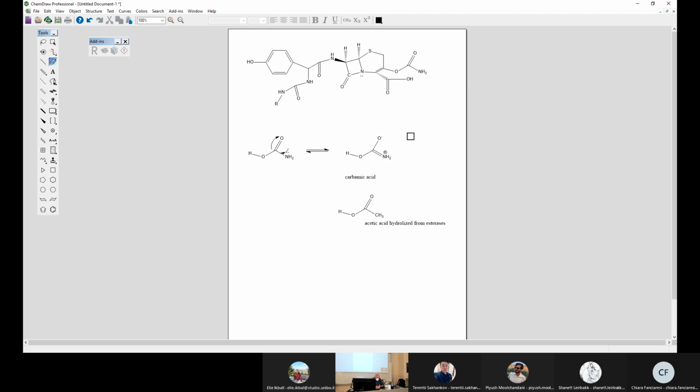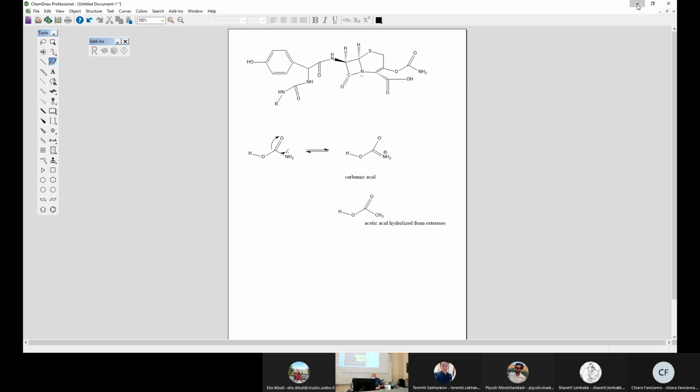So the scientists, starting from the chemical structure of a natural compound like cephamycin C, decided to introduce the same groups responsible for the resistance to beta-lactamases and to esterases in some synthetic cephalosporins.